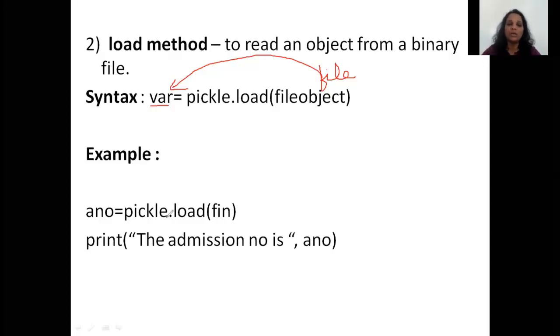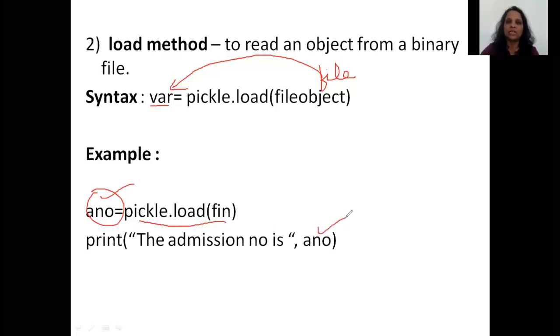So how do I show you an example? If I had opened the file and if I said pickle.load, fin is my file object. You remember in the previous example, we just dumped one admission number. That admission number, which the user had entered and which you dumped into the file, is now going to be loaded or taken from the file and stored in variable ANO in my program. And then later on, what am I doing? I am displaying ANO.